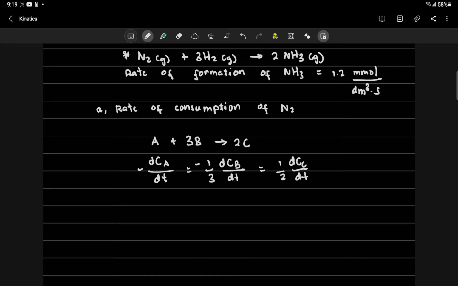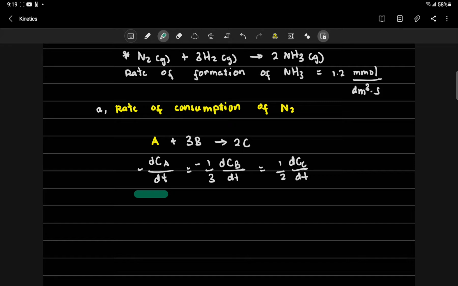Now in letter A, we want to solve for the rate of consumption of nitrogen gas. If you look at our equation right here, nitrogen gas has unity as its coefficient in the reaction. So we are referring to A as the species for nitrogen. Therefore, we'll be utilizing this side of the equation, and we would like to relate it to the known value of the formation of ammonia.